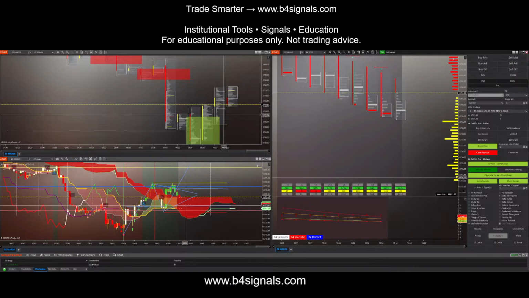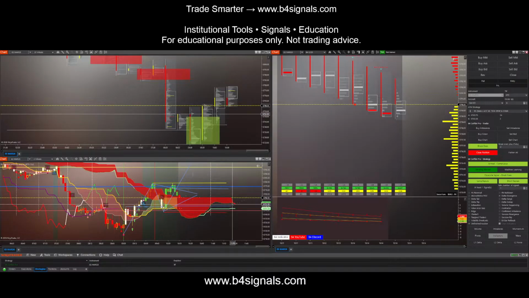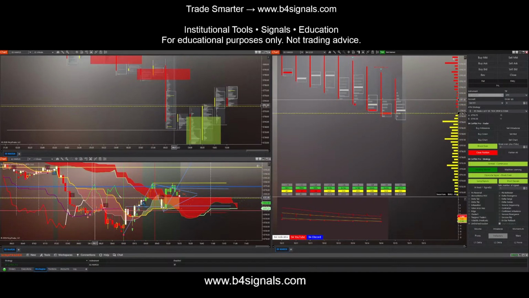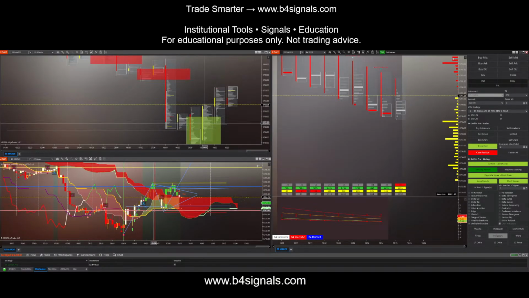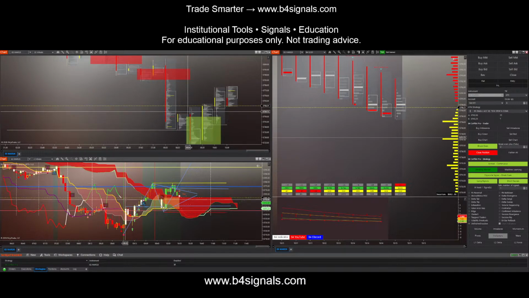Now remember what we said earlier. We said that the Kumo and the TK cloud, which a lot of people don't have that cloud there. That's just my indicator. I'll go ahead and fill in that T and that K there. I like seeing both clouds. It just helps me understand it. It helps me to look at other lines, to add other lines to the chart where I have a clear understanding of that.